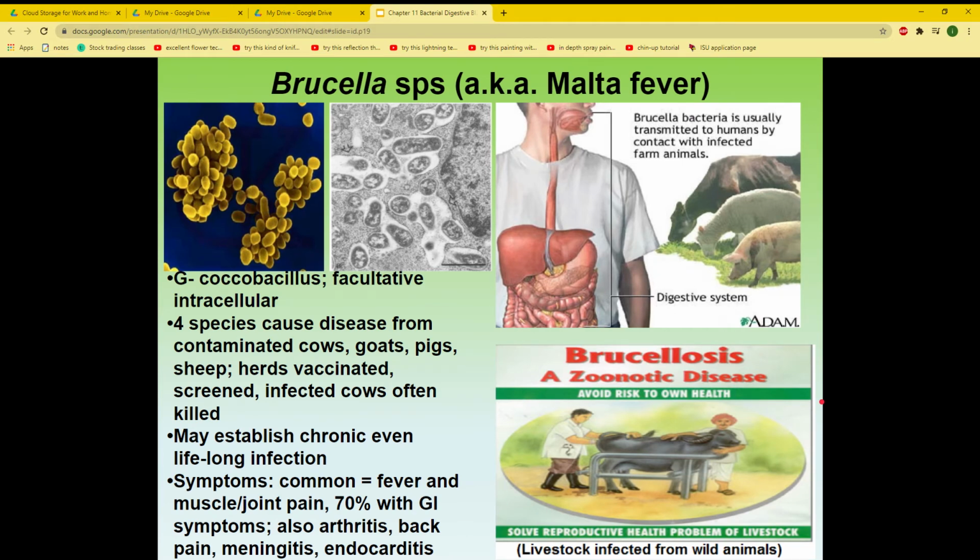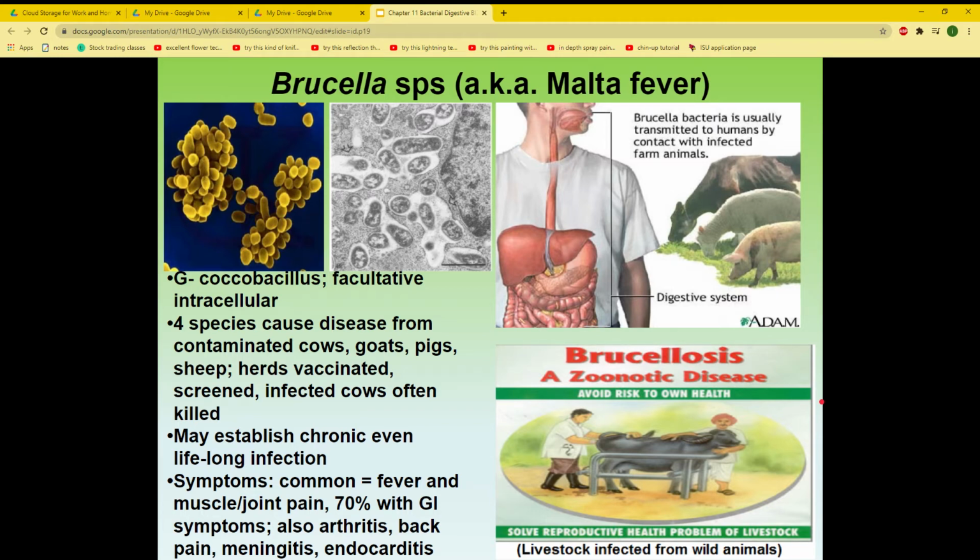Another bacteria species that, if you were on a farm, particularly a dairy farm, you may know of is the species of bacteria called Brucella. And this generates a disease called brucellosis that you can actually get by consuming raw, unpasteurized milk.